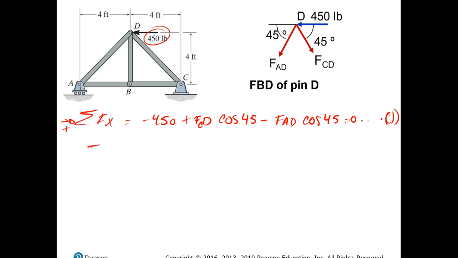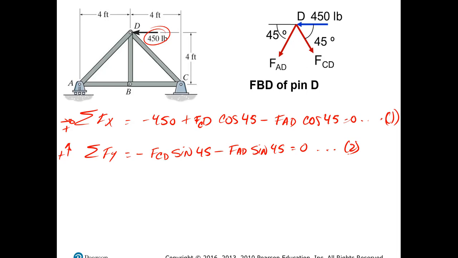Now I go with the second one, which is the sum of forces in the y direction, positive going up, and that will be equal to minus FCD going down, obviously, that multiplies sine of 45, and then I also have minus FAD, that is multiplied by the sine of 45, and this is equal to 0, and that will be my second equation.